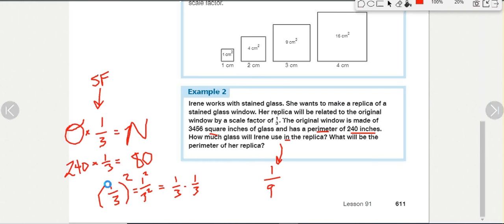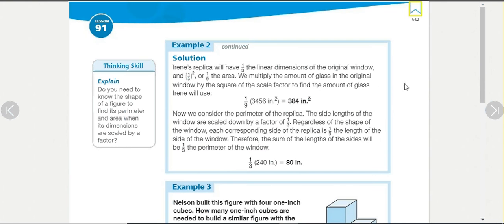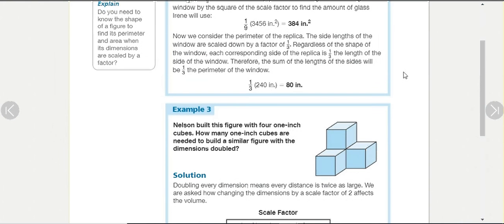That's the scale factor for area here. Then we take the original area, which is 3,456. Multiply that by 1/9, which means we'll end up dividing 3,456 by 9. That's the new area. That's how much glass she'll need for her replica. That comes to 384 inches squared.